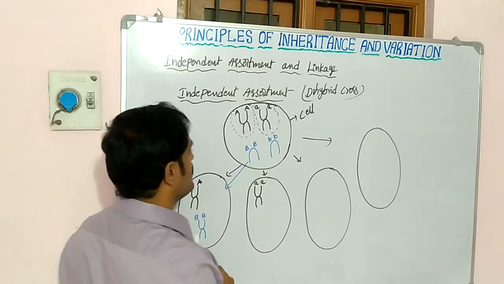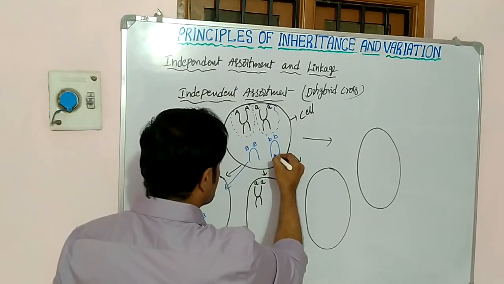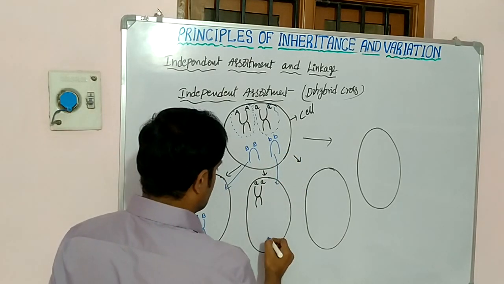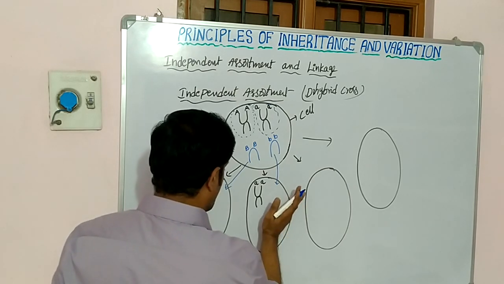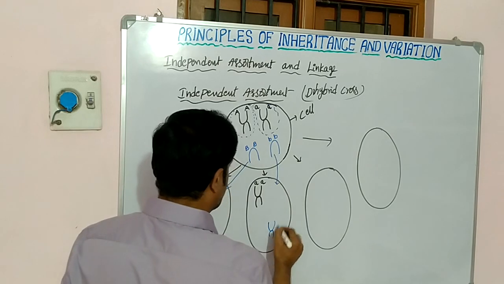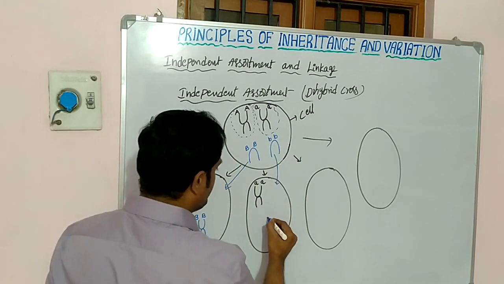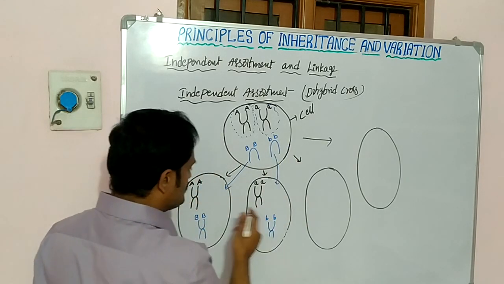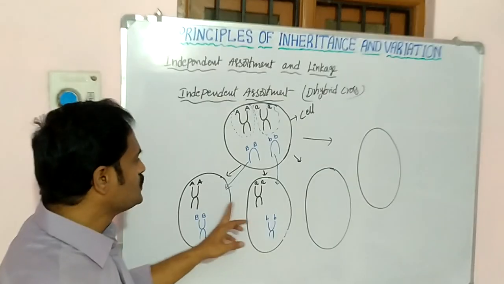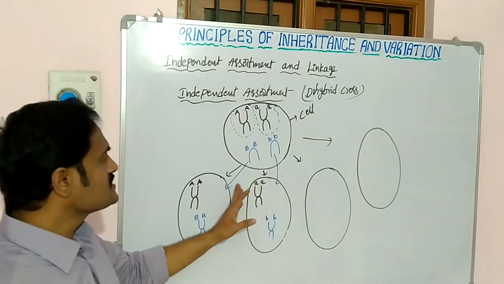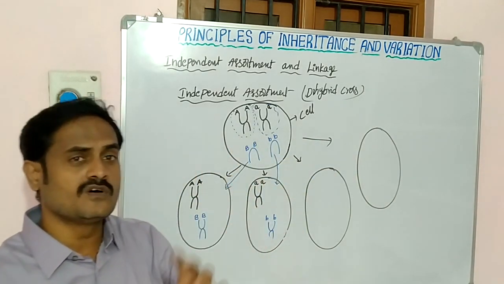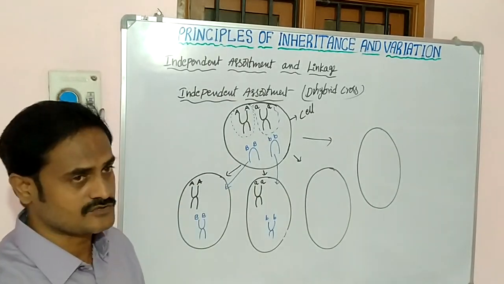Then coming to this one, it reaches into this cell. What kind of genes are present here? Small b, small b. So these are the two types of gametes, and it is able to produce two more gametes also.